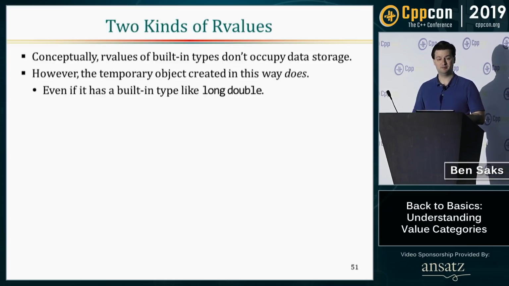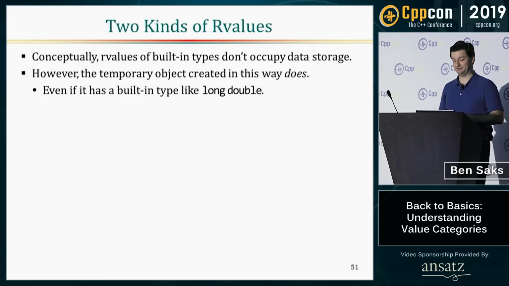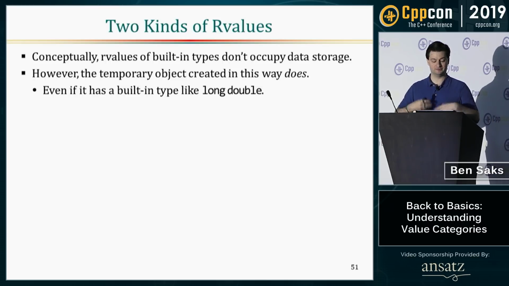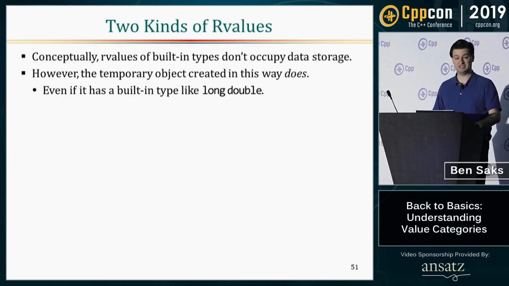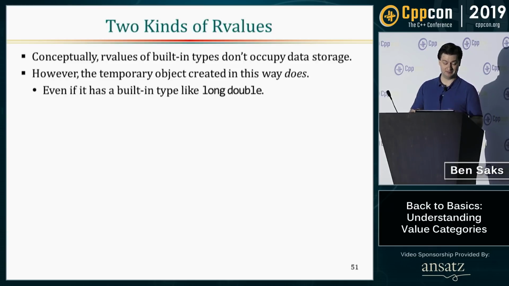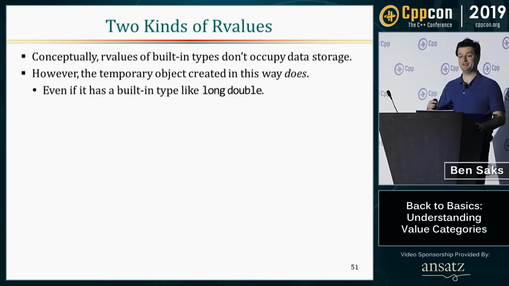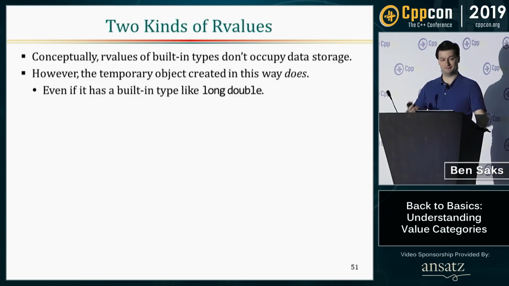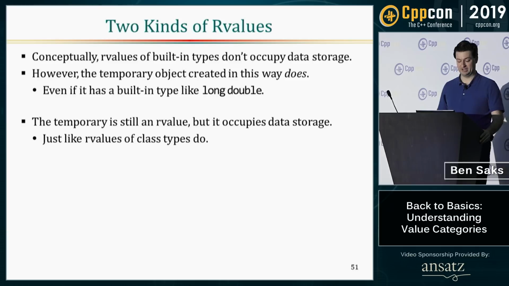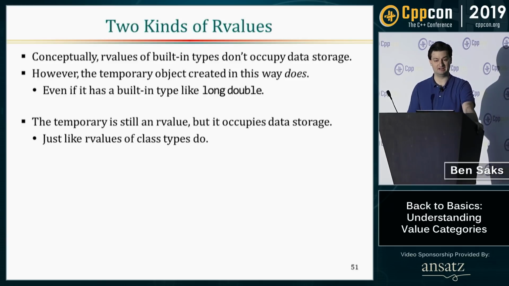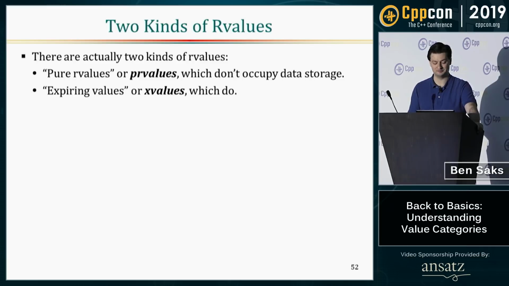It has to, because the reference has to have a place in memory to refer to. And this works even for built-in types like long double. It's not true just for class types. So this is another way that you can have rvalues that have locations in memory, that occupy data storage the way that rvalues of class types do.